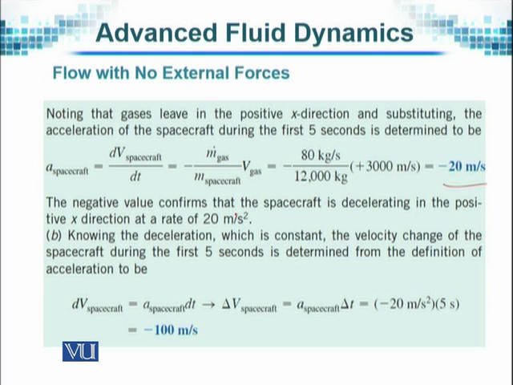Then from this, we calculate the small change in velocity of the spacecraft, which will be equal to acceleration times dt. Remember, dv by dt is acceleration. So if we multiply throughout by dt, take it on the right hand side and make these calculations, dv turns out to be minus 100 meters per second.